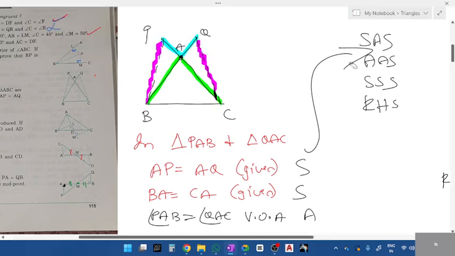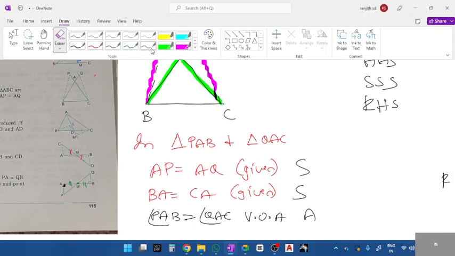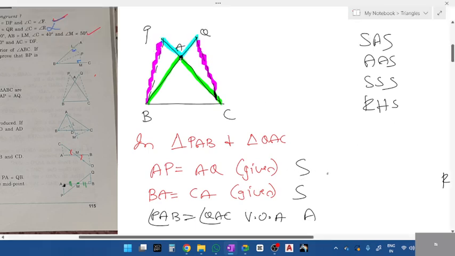It is not mandatory. You have to write SSA. Is there any criterion called SSA? No. You can write it like this, students. To prove it, you can write SS first, A next. That is fine.